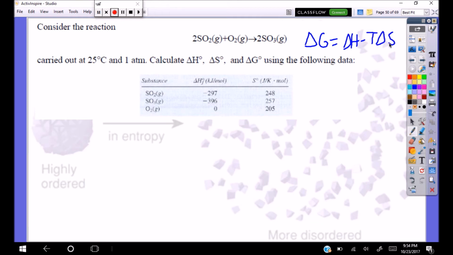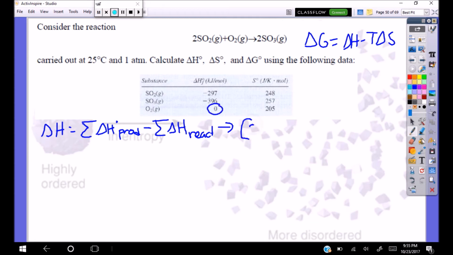So we've got our delta H. Delta H is going to be equal to the sum of the delta H products minus the sum of the delta H reactants. And I'm going to go ahead and plug in my numbers there. Nice thing is I've got 0 for my oxygen, so my products are just 2 times my SO3 minus 2 times my SO2 values.